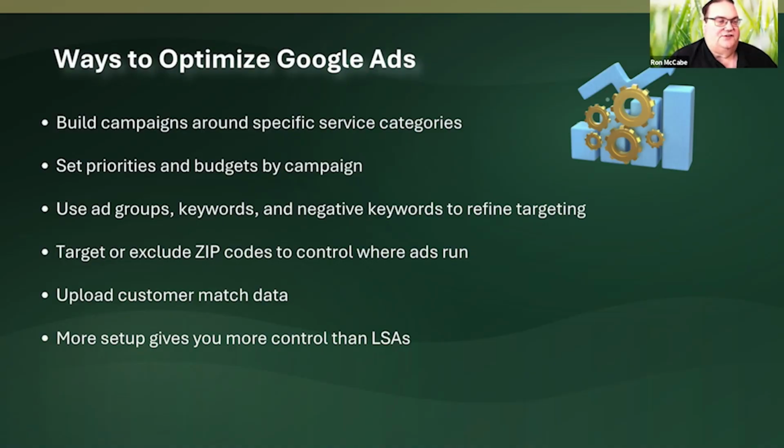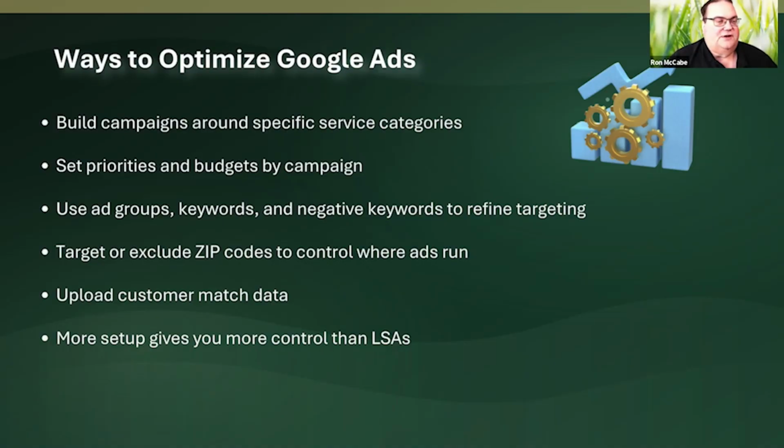The other thing is you can set priorities among the campaigns and ad groups, and you can set budgets by campaign. With local service ads, you set an overall budget for the month, and that's it. With Google Ads, you set a monthly budget, and then you have further granularity in that you can set a budget by campaign, and then within that campaign, you can set priorities.